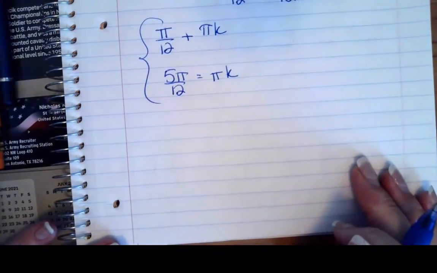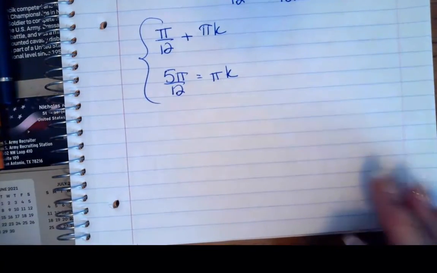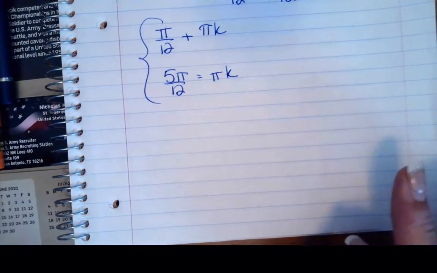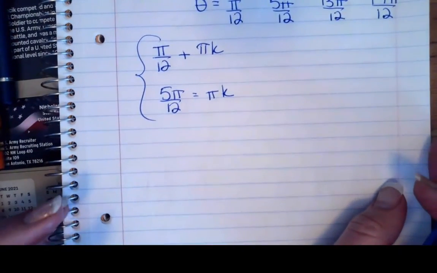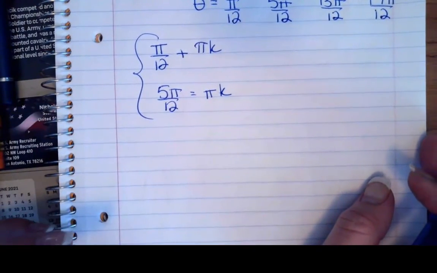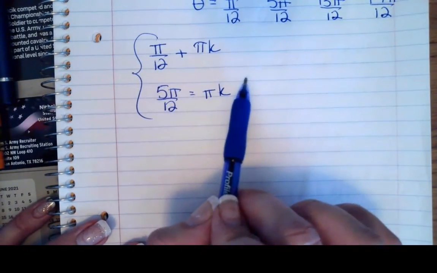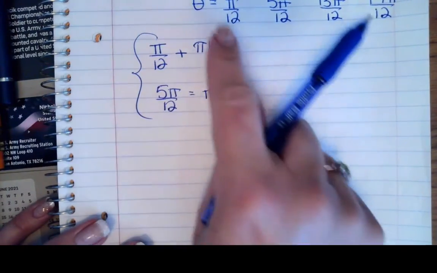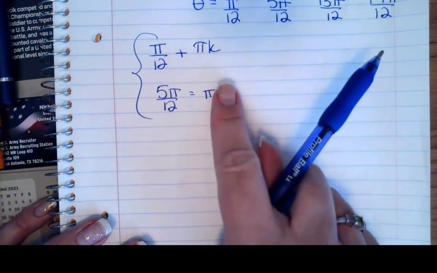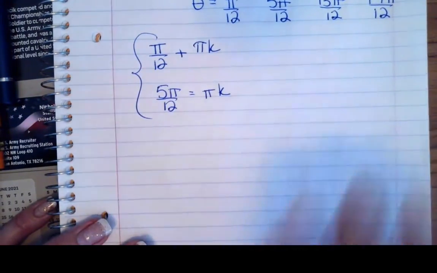And now what I need to do is give the first 6 solutions where k is 0, 1, 2, 3, 4, 5. Okay, so I'm going to go ahead and just fill these out, and then we're just going to take the first 6. So I'm going to do 4 of these, and I'm going to do 4 of these, and then the first 6 smallest ones.